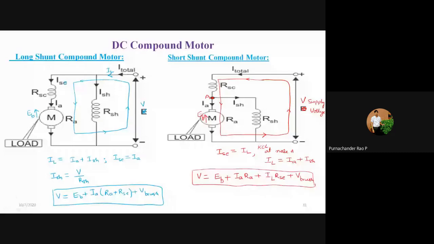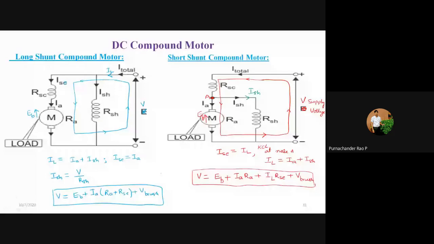And again I need to find one more current here, because I need to find the current passing through the shunt field winding. This one. So this current I need to find out. It will be given by the voltage across these points.